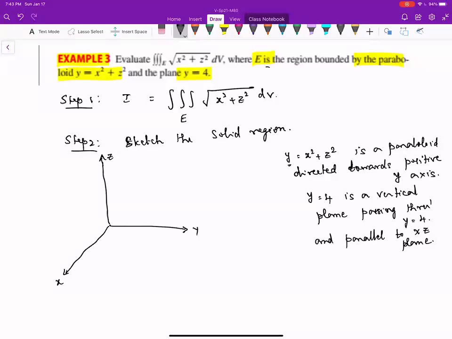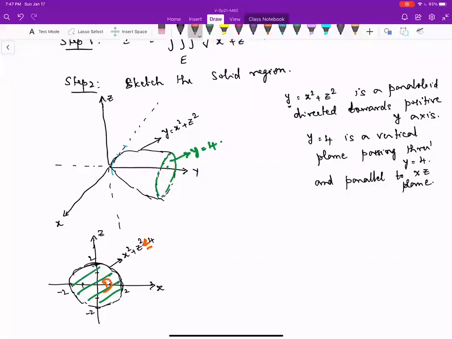So we have a paraboloid that is directed towards the y-axis. If I roughly graph that, x squared plus z squared, it's going to be a paraboloid.